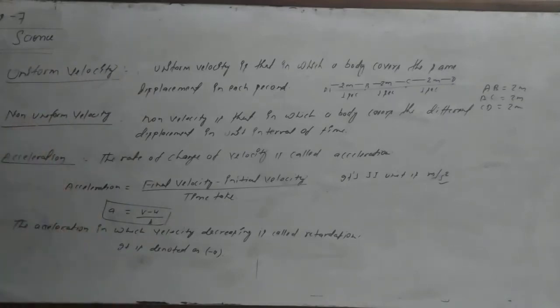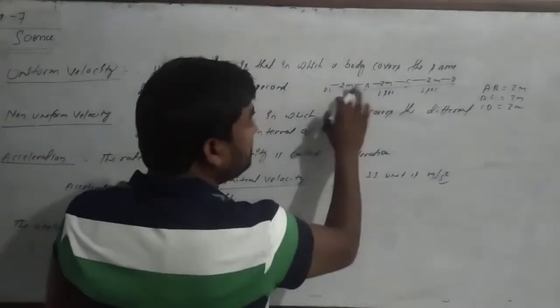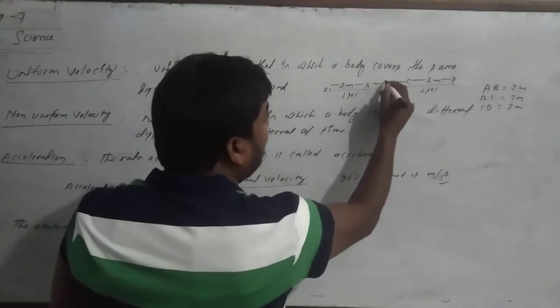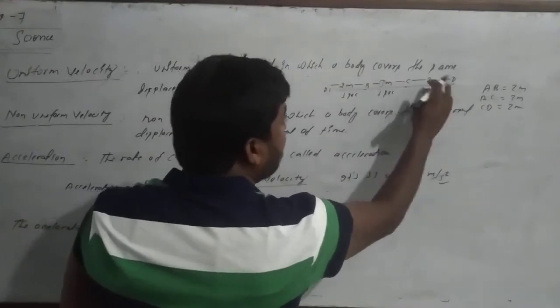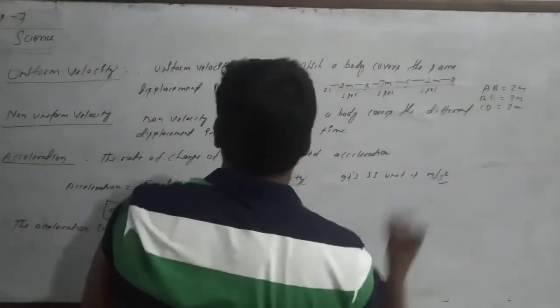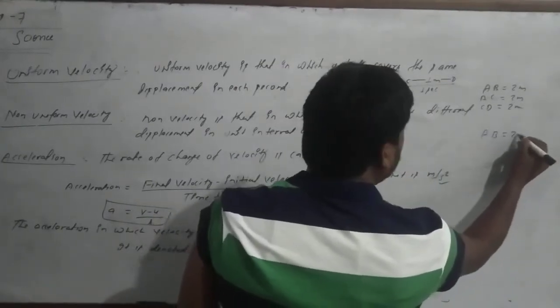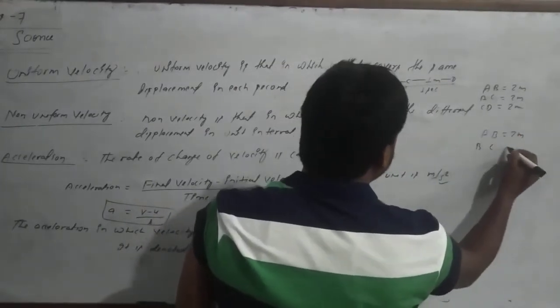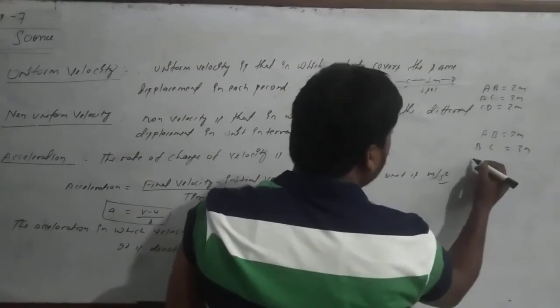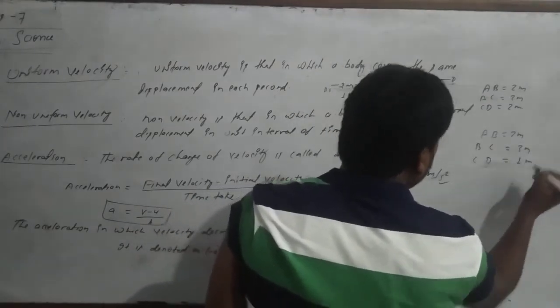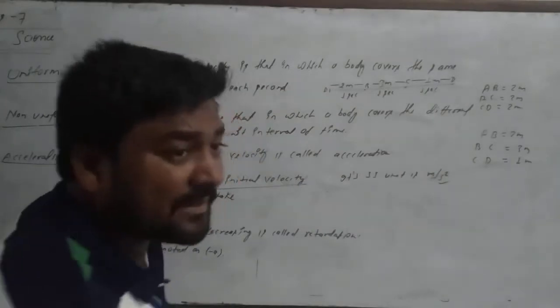And similarly, we can define non-uniform velocity. Like this: AB is equal to 2 meter, BC is equal to 3 meter, CD is equal to 1 meter, but the time is the same.